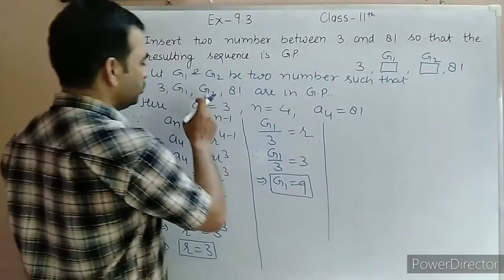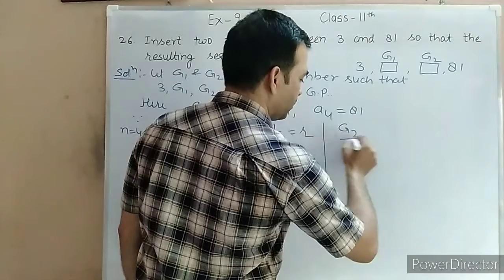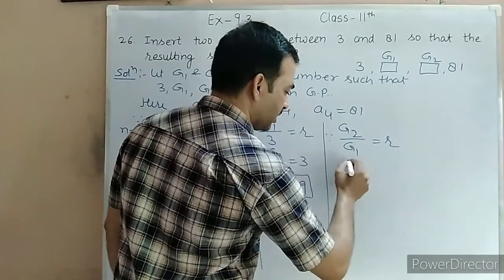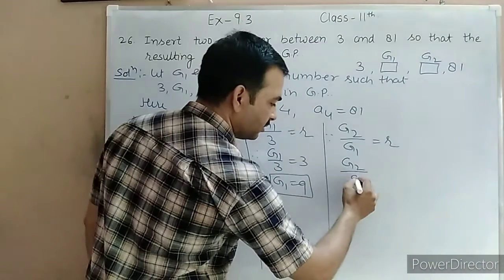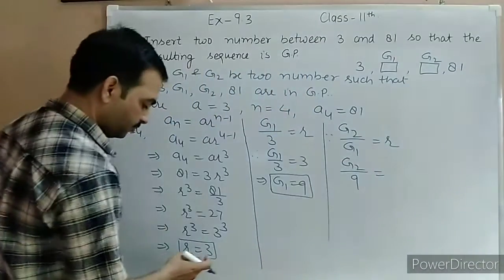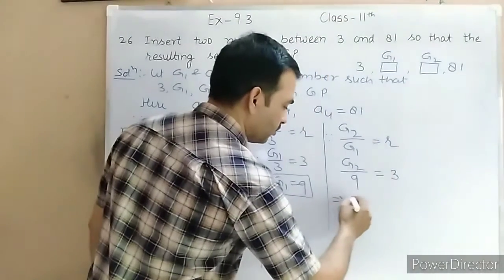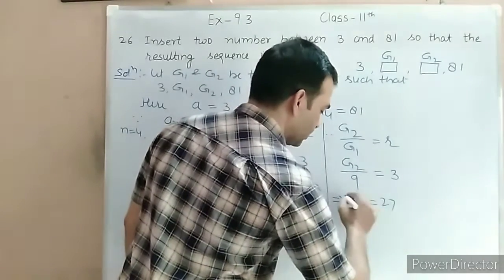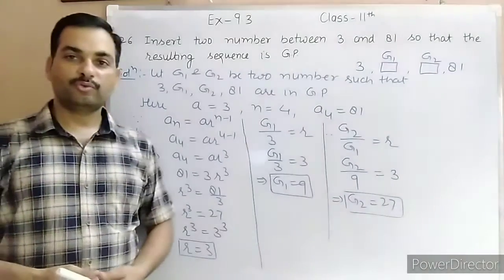Also G2 divided by G1 is again equal to R. G1 is 9, R is 3, so G2 is equal to 9 into 3, that is 27. So the required numbers are 9 and 27.